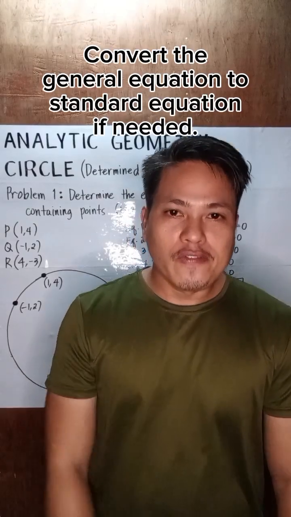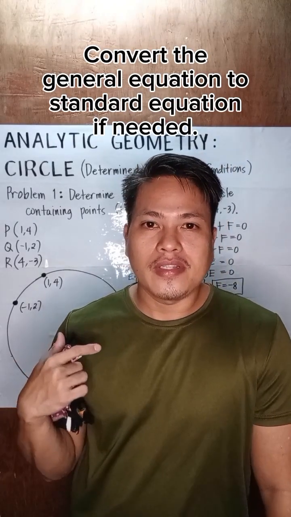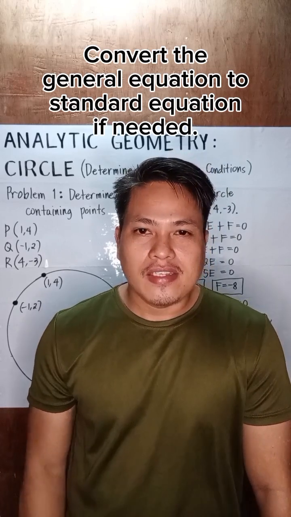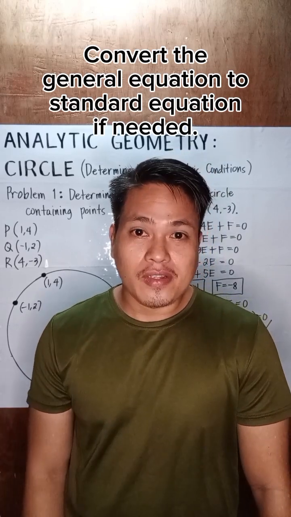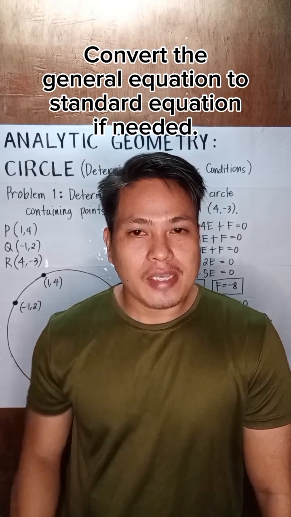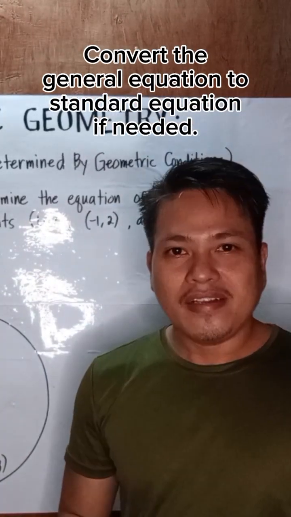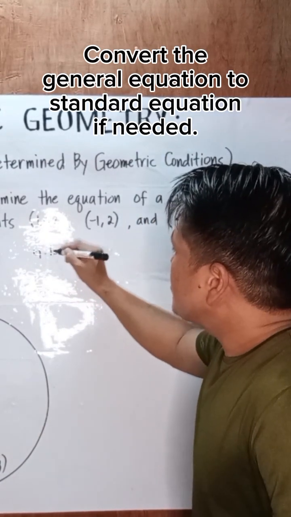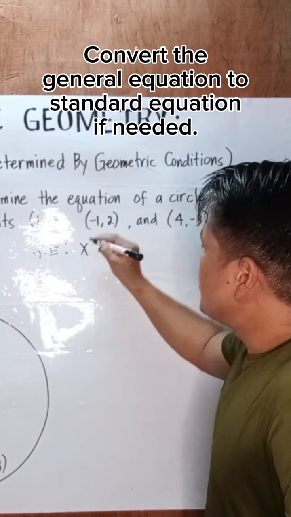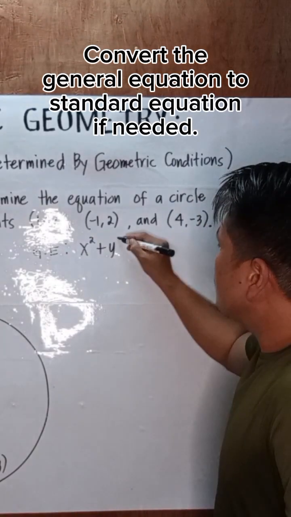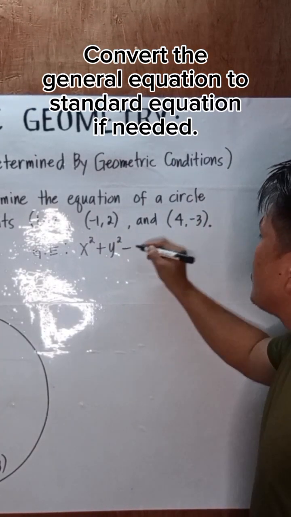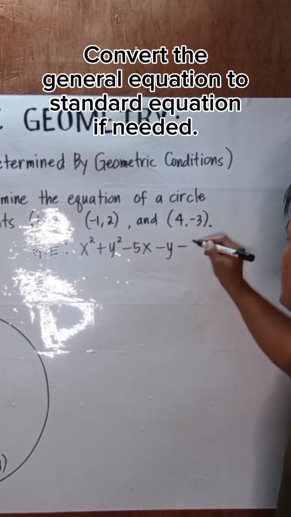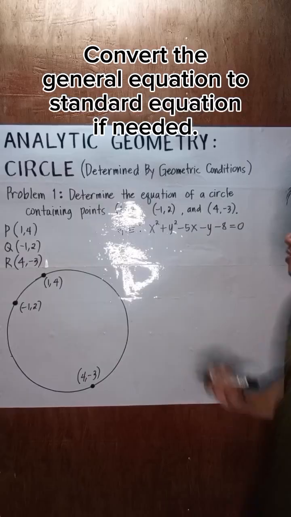Kung kailangan i-convert yung general equation na nakuha natin into standard one, i-apply natin yung process natin sa pag-convert ng general equation to standard equation. Ang nakuha nating general equation sa problem na ito ay x squared plus y squared minus 5x minus y minus 8 is equal to 0.